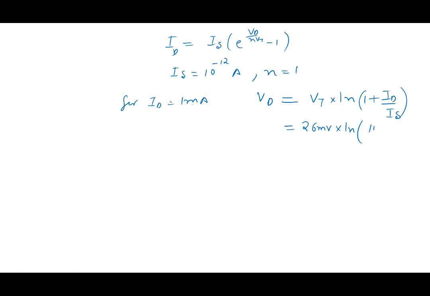ID is 10 power minus 3, and this is 10 power minus 12. So this is 26 millivolt into ln 10 to the power 9. How much is this? Somebody calculate?